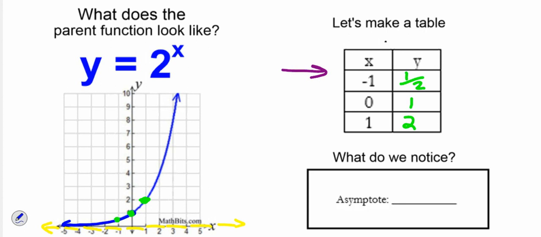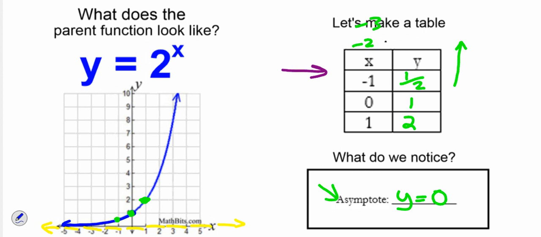And so what I want you to do is explore and scroll up so that you see -2, -3, and you'll notice that the numbers get smaller and smaller and smaller, but they never hit 0. So, here we go. We've got an asymptote. Remember, any line that's horizontal starts with y equals.